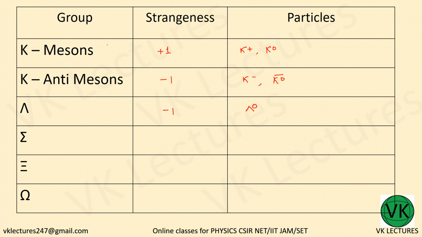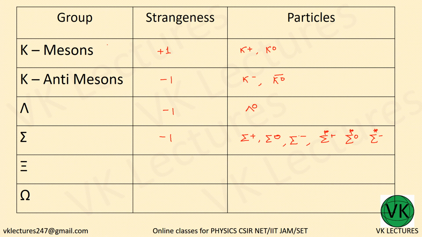Okay. And the sigma group, again they have the strangeness equal to -1, and sigma plus, sigma minus, sigma naught, and sigma plus star, sigma naught star and sigma minus star. These are the particles that correspond to the sigma group.